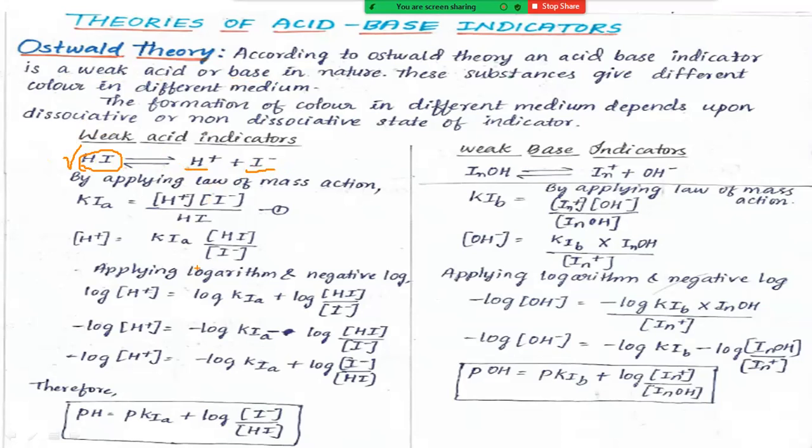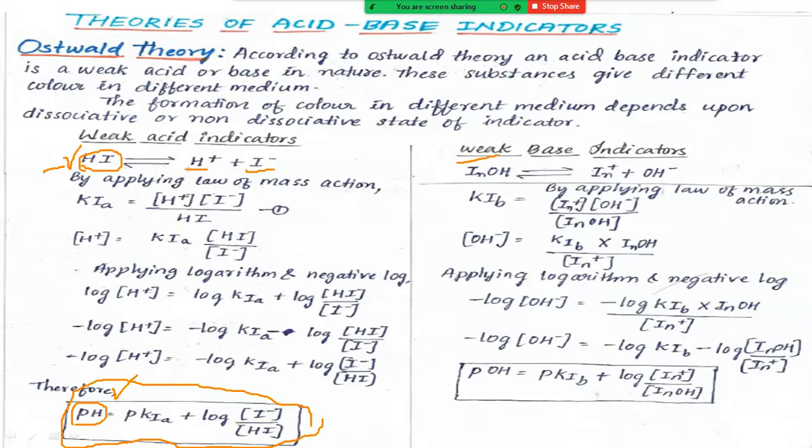So we need to find out the pH value at which these weak acids and weak bases dissociate. This is the final formula: pH equals pKa plus log of I minus by HI. This formula explains how the pH value influences the dissociation of the acid indicator, right?